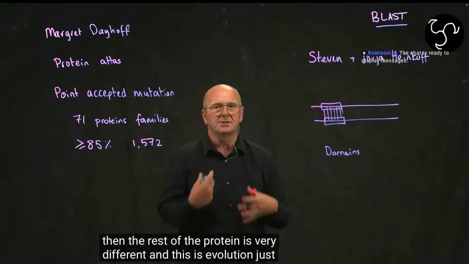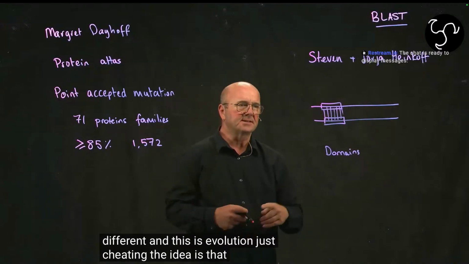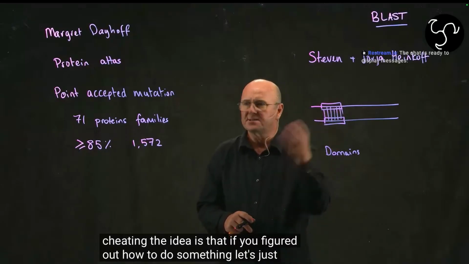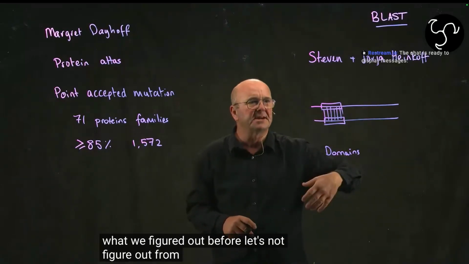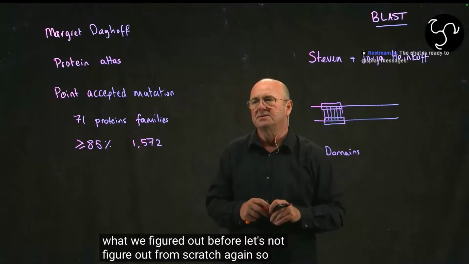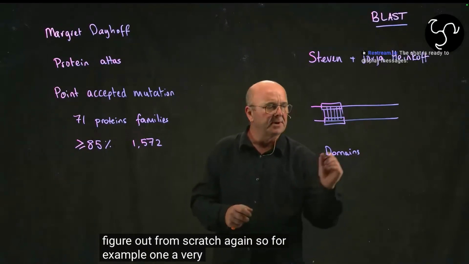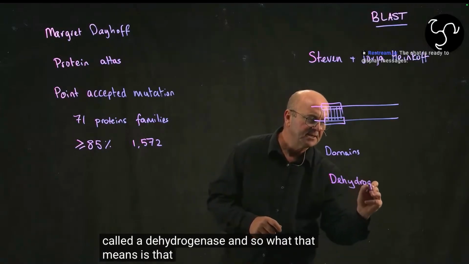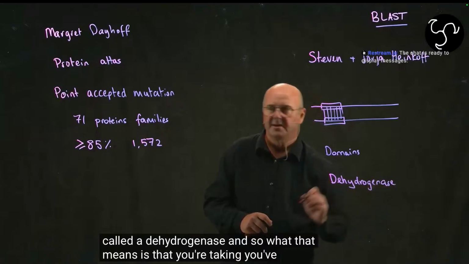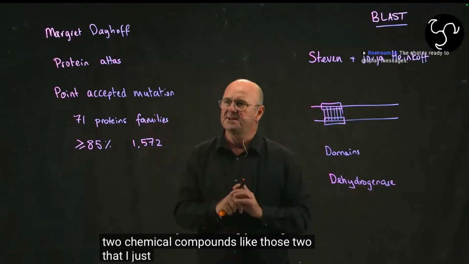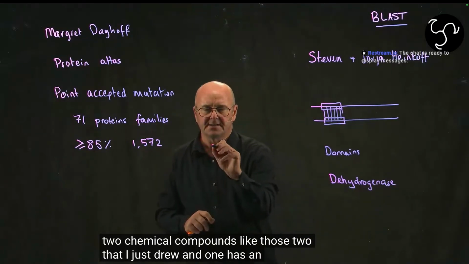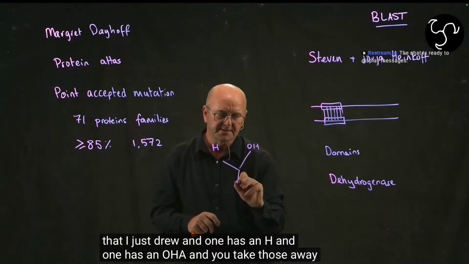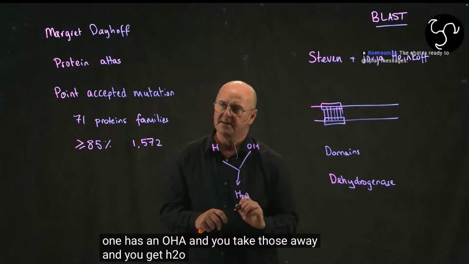And this is evolution just cheating. The idea is that if you figured out how to do something, let's just use what we figured out before, let's not figure it out from scratch again. So for example, one very common domain is called a dehydrogenase. And so what that means is that you've got two chemical compounds like those two that I just drew, and one has an H and one has an OH, and you take those away and you get H2O.